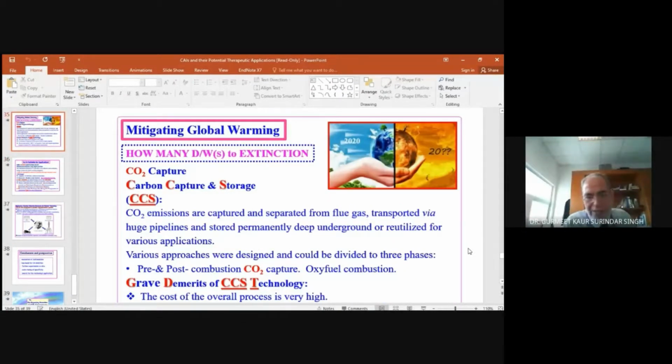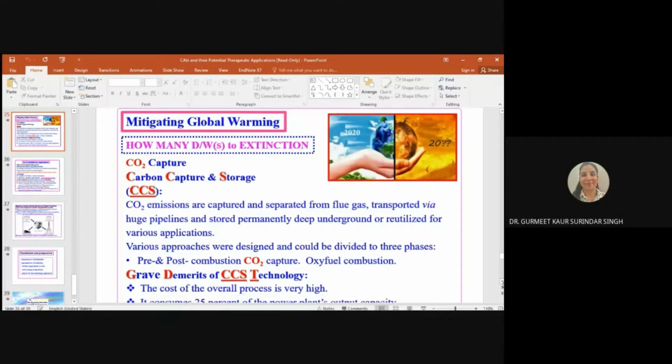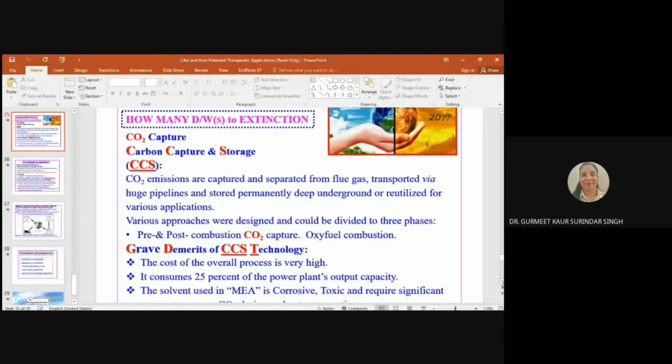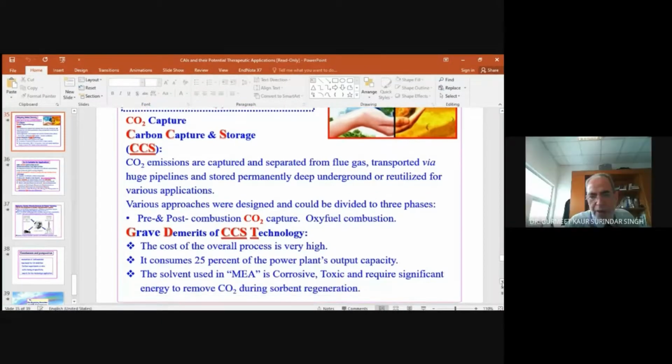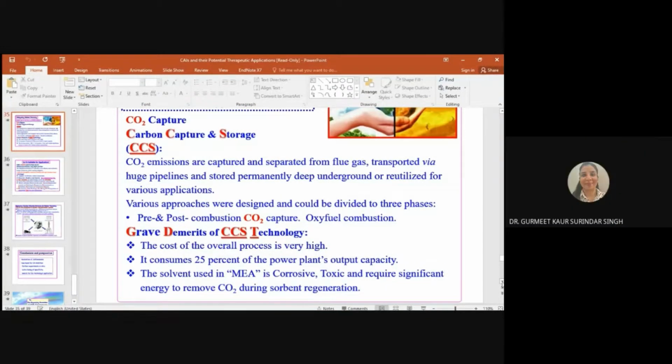So these are grave demerits of carbon capture sequestering technology. It is highly expensive. It takes about 25% from the power of the plant, and also the solvent used is highly corrosive, and it is very difficult to keep all of this carbon dioxide in pipes underground.